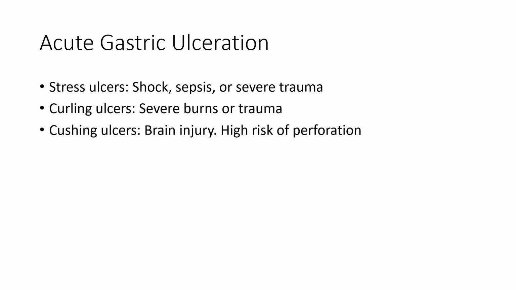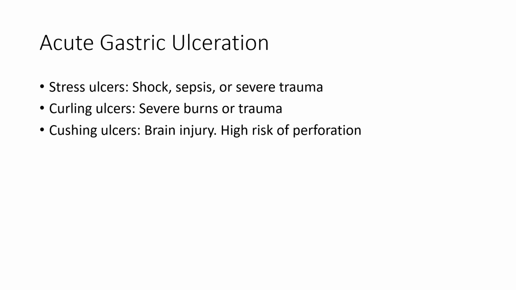Acutely developing gastric mucosal defects are a well-known complication of NSAIDs. In addition, acute gastric ulceration can occur due to stress-related gastric mucosal injury. Examples of stress-related gastric mucosal injury are shock, sepsis, or severe trauma, which lead to stress ulcers.